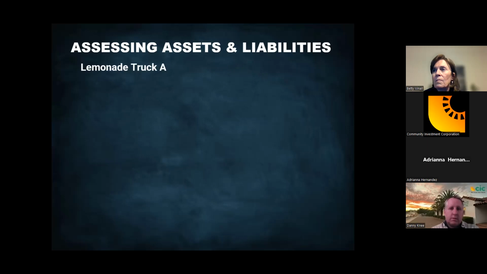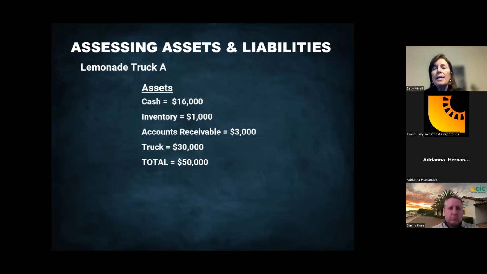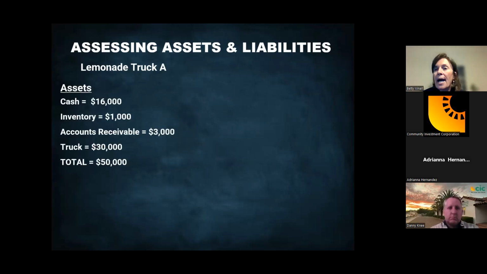So let's look at Lemonade Truck A. Lemonade Truck A has cash of $16,000, inventory on hand of $1,000, accounts receivable $3,000. The truck is worth $30,000 for a total of $50,000.